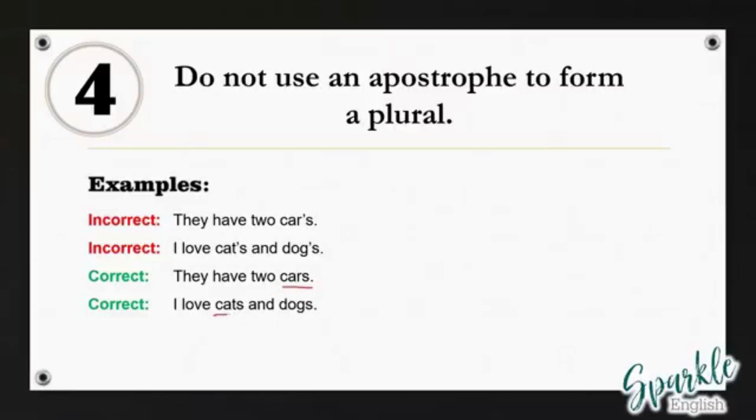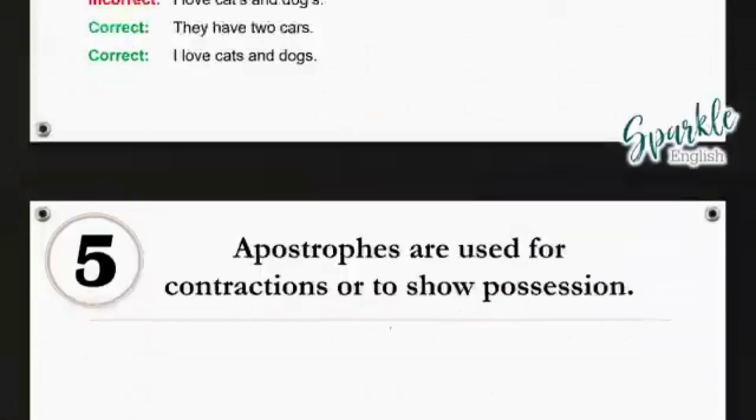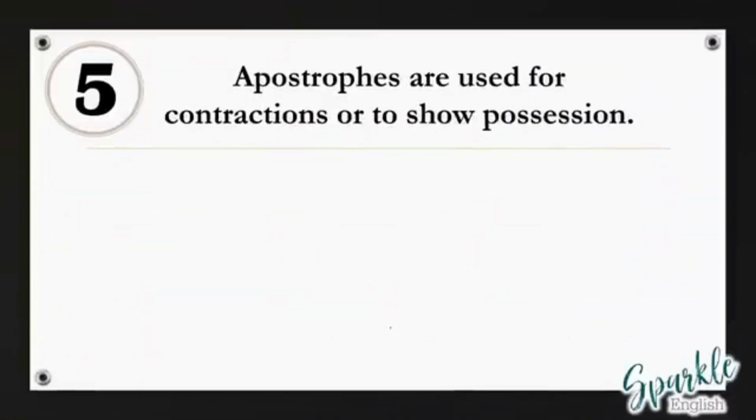I love cats and dogs. Rule number 5. Apostrophes are used for contractions or to show possession. For example, I don't know is a contraction. Don't is a contraction for do not. We can merge these 2 words together and add an apostrophe to make it don't.